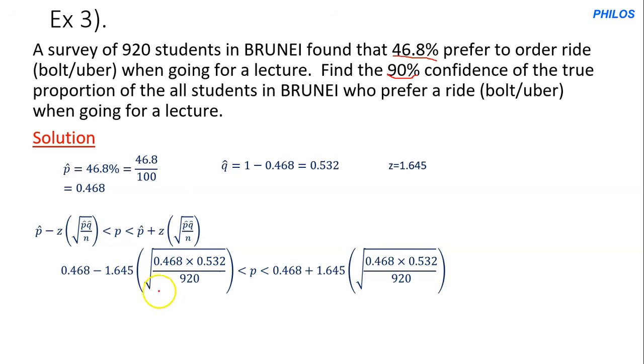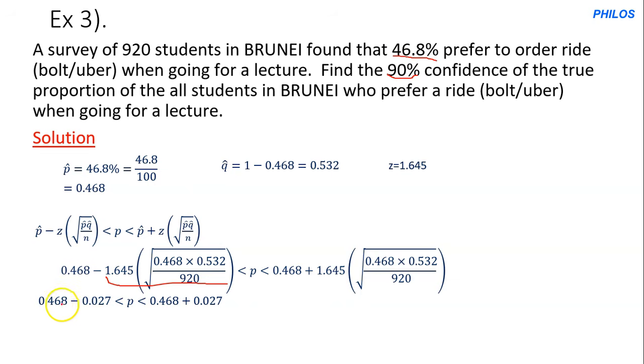You repeat what you've written at the lower limit at the upper limit also, but at the upper you use a plus, and at the lower you use a minus. That's the only difference. When you compute the margin of error, that is this part, you get 0.027. So you have 0.468 minus 0.027 less than p, less than 0.468 plus 0.027.